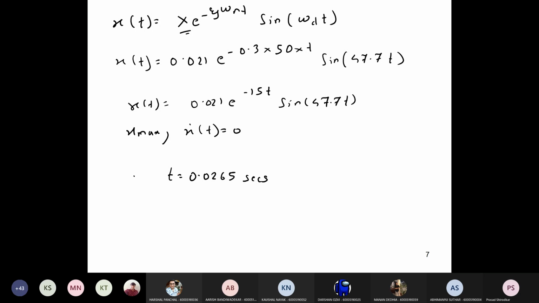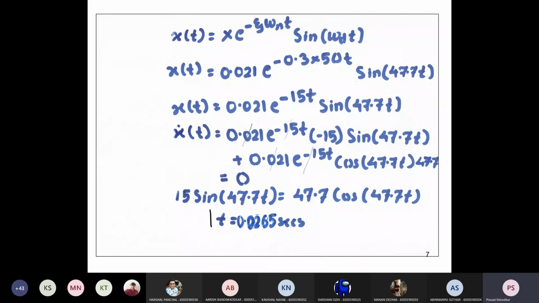All right. So correct answer is t is equal to 0.0265. Okay. Just check your answer, those who have got 1.52. Alright, so correct answer is this. So substitute that value of t in the equation of displacement.